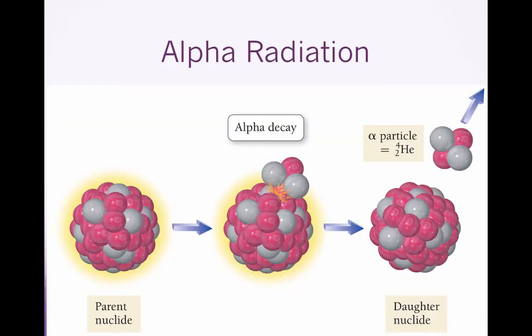So in alpha decay, here's the radioactive atom. It undergoes alpha decay, emits an alpha particle, or helium-4, which again is 2 protons and 2 neutrons, and then we have this atom that comes out of it. So what we call the radioactive atom is the parent nuclide, or just the parent atom.